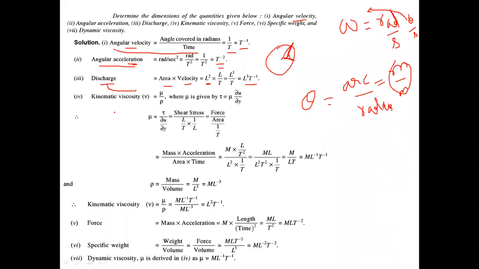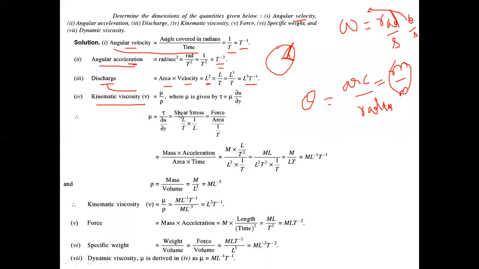Okay. Next, one more example: kinematic viscosity. You know the formula of kinematic viscosity: it is mu by rho. Mu is also a derived unit. The definition of mu is from Newton's law of viscosity: mu is shear stress by velocity gradient.